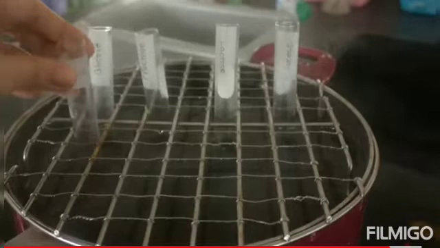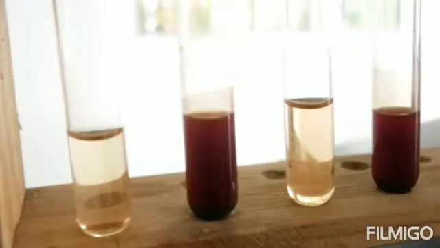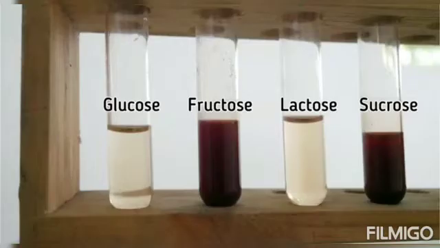Then heat the mixture in the boiling water bath for 30 seconds. Here remove the test tube and allow to cool all test tubes. Here we can see the observations. These are the observations for all the sugar carbohydrates.